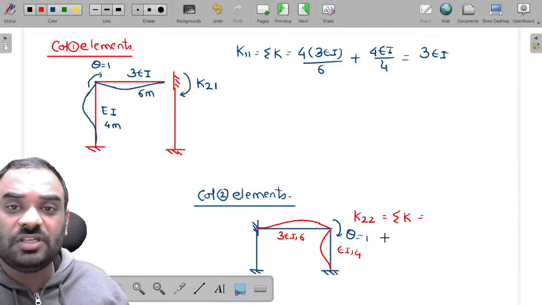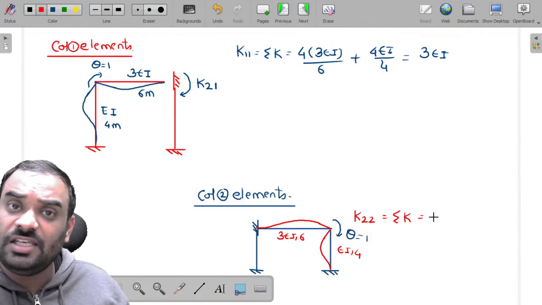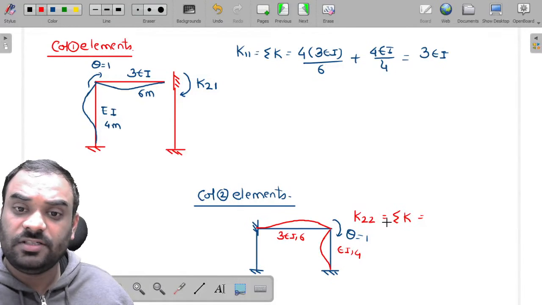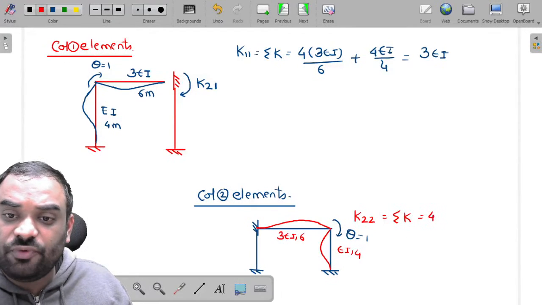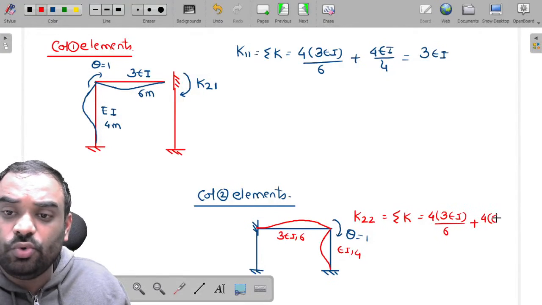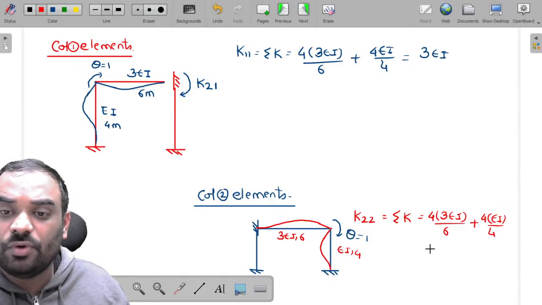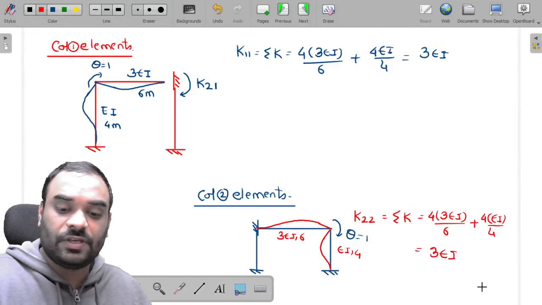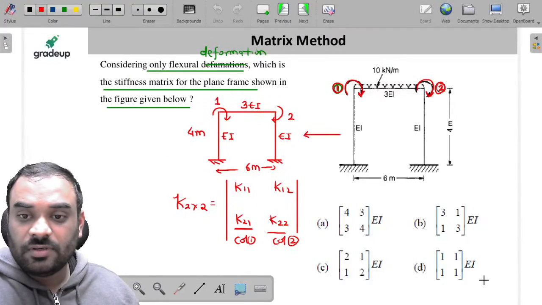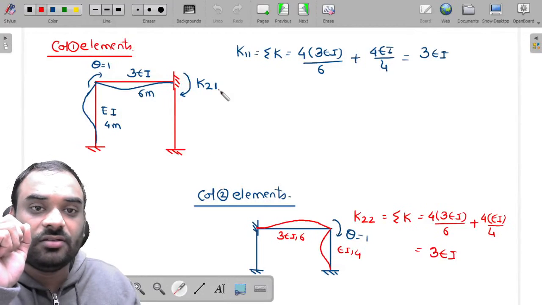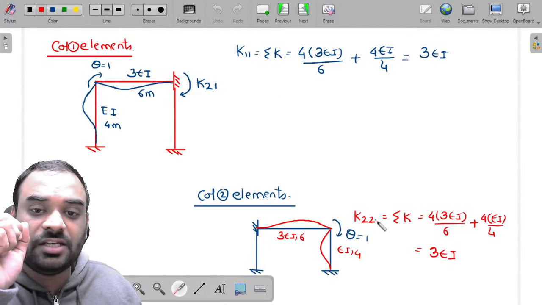And this K22 is nothing but summation K. So how much summation K is there, my dear friends? Can I say that again you have to apply the same amount of movement over here? Yes, definitely. So, it is 4 into 3EI by 6 plus 4 into EI by 4. Just solve it. You will get the same value, which is 3EI. So it means, listen carefully, my friends, you are getting K11 and K22.